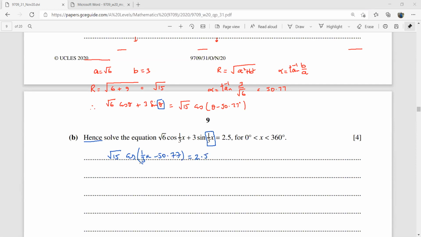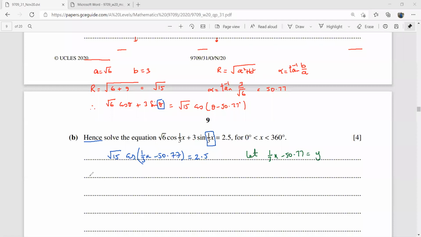It becomes a simple equation but still with a composite angle, so we have to deal with this composite angle right now. So we shall say okay, no problem, let this 1 over 3x minus 50.77 be equal to y.